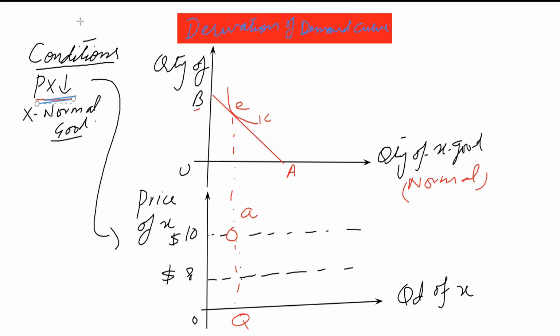And now if there is a fall in price of X, then let's see how the budget line will change. Fall in price of X will shift the budget line from BA to BA1, let's say, or BB1. New equilibrium will take place at point E1 because it is a normal good, and a fall in price of a normal good increases its quantity.